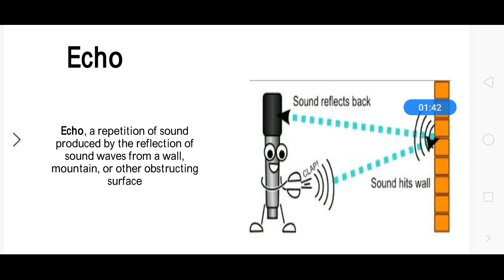The sound waves are incident on the wall and reflected back to the same person. So the person hears the direct sound as well as the sound due to reflection at the obstacle. The repetition of sound due to the reflection at the obstacle is called echo. Due to only one reflection, we can hear the same sound after some time.